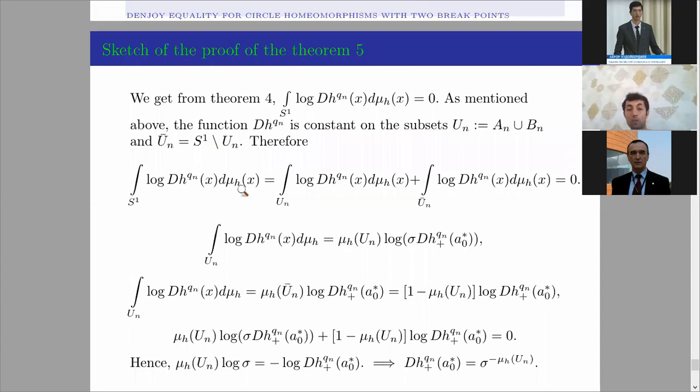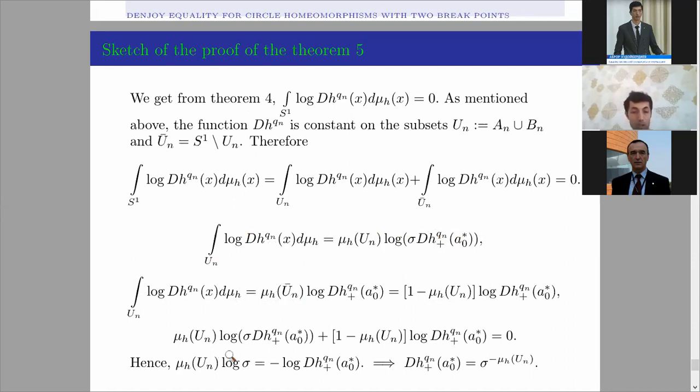Therefore we divide the integral into 2 parts, the integral on UN and the integral on S1 minus UN, and we find exact values in each part, and the integral on UN is equal to this value.